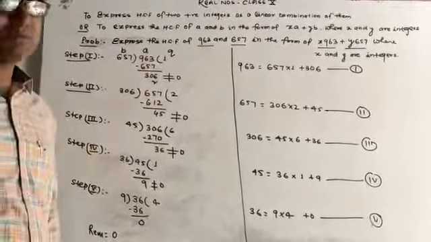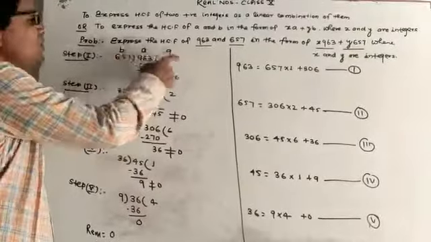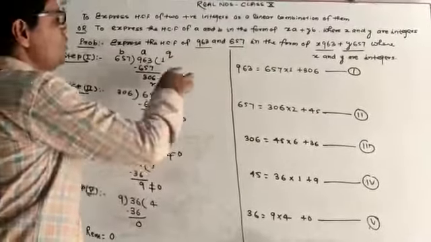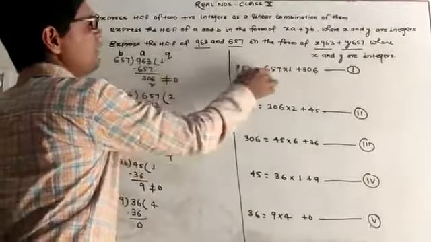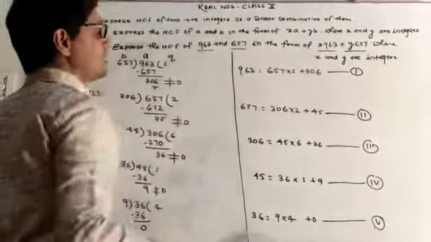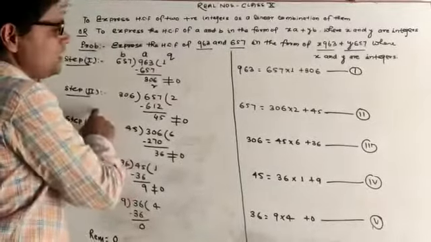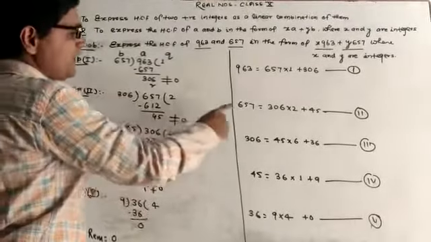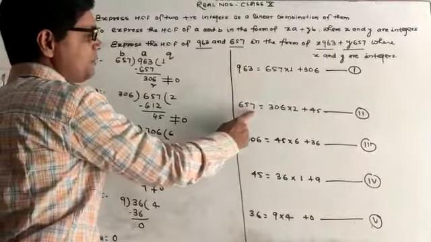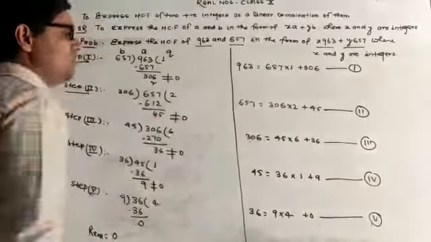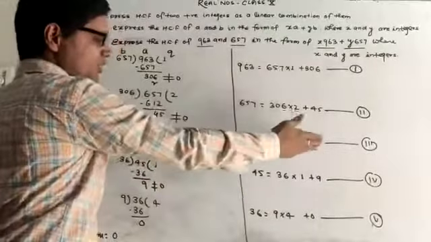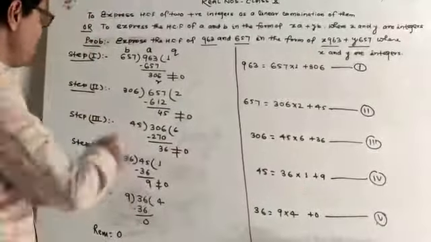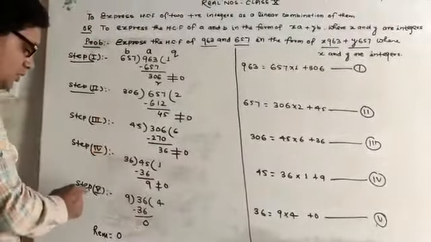From Euclid's division lemma, you know that a is equal to bq plus r. So 963 will be equal to 657 multiply 1 plus 306. Similarly, from the second step, you will get 657 is equal to 306 multiply 2 plus 45, and so on. You will get equations 1, 2, 3, 4 and 5 from the steps 1, 2, 3, 4 and 5.